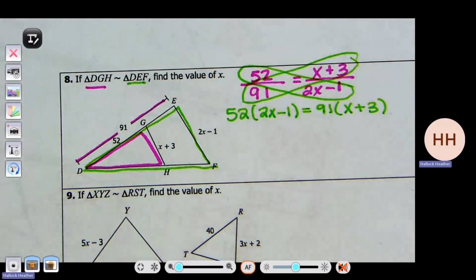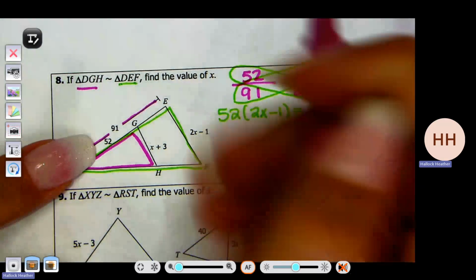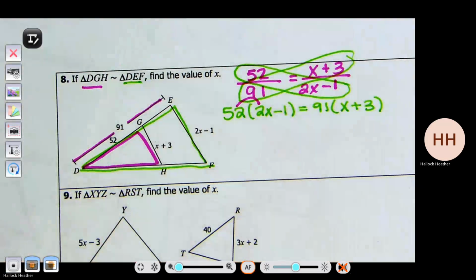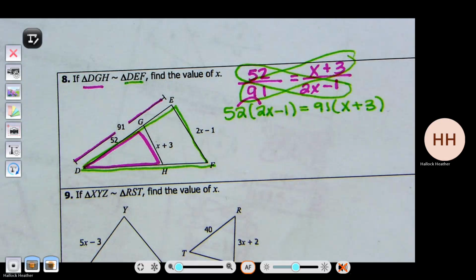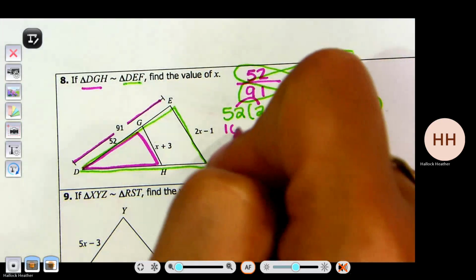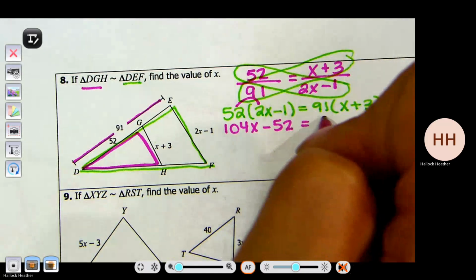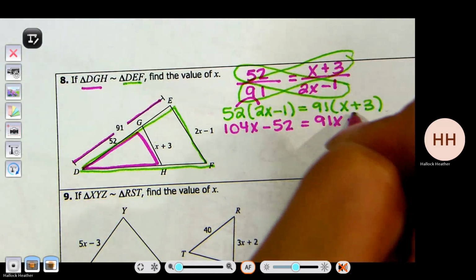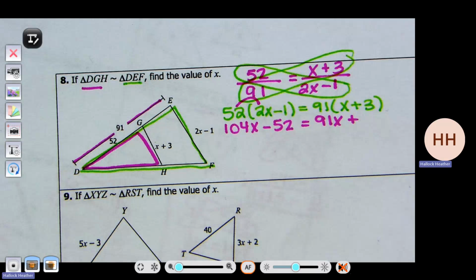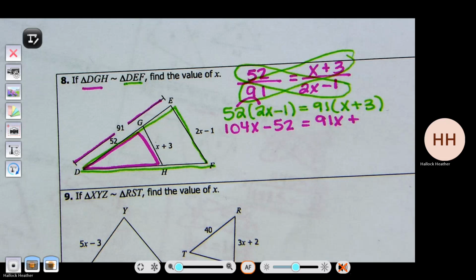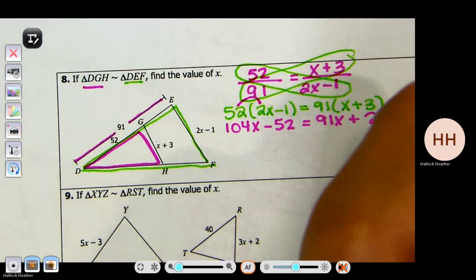And then I'm going to distribute. Distribute property. 25. 21 times 3. Let's see there.